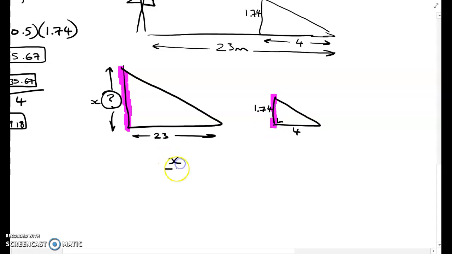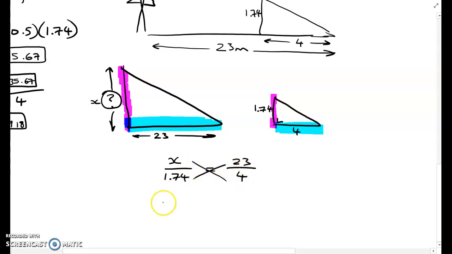So X over 1.74 is equal to, now use the other two sides. So we have this, 23, over the equivalent side of the other triangle, 4, and cross multiply.